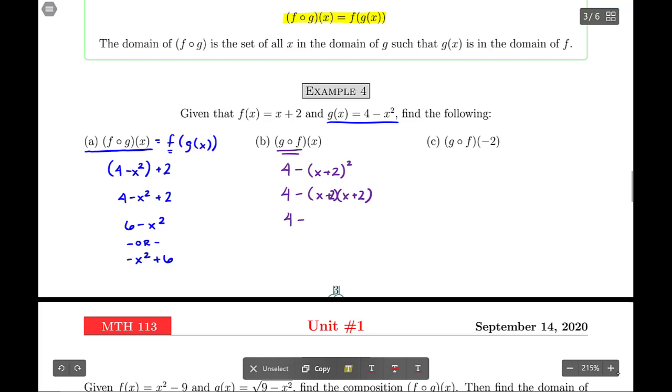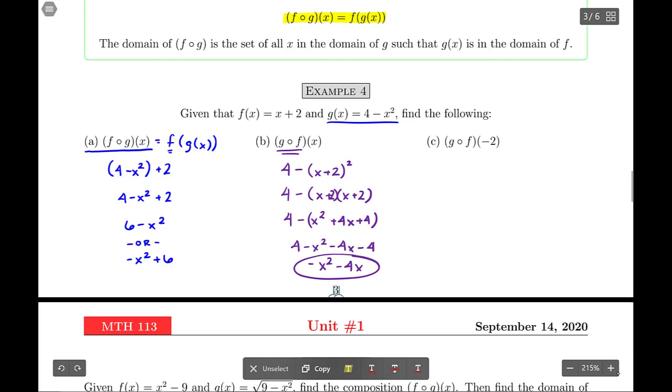And that's going to give you 4 minus x squared plus 4x plus 4. Distribute the negative. Our positive 4 and our negative 4 will cancel. That reduces down to 0. And all we're left with is negative x squared minus 4x.